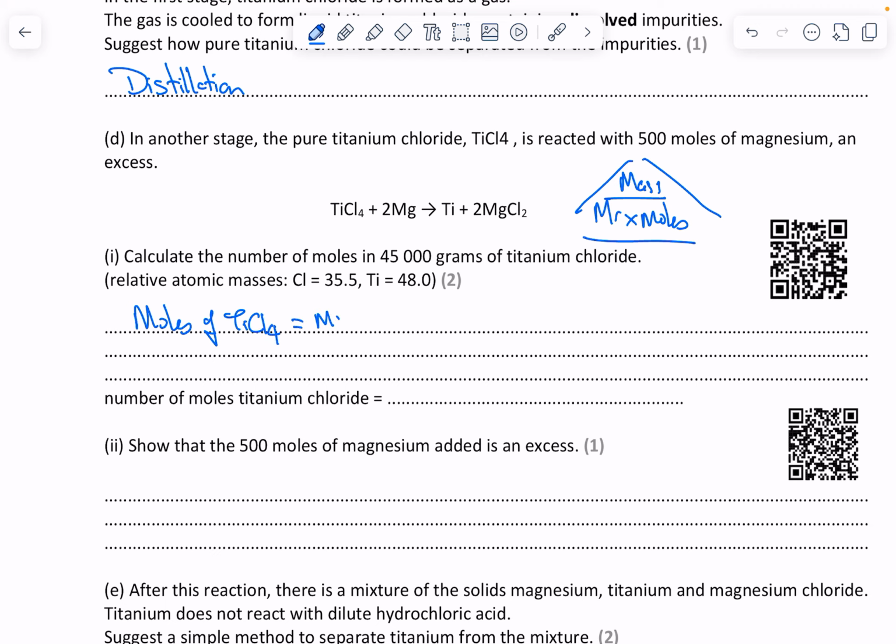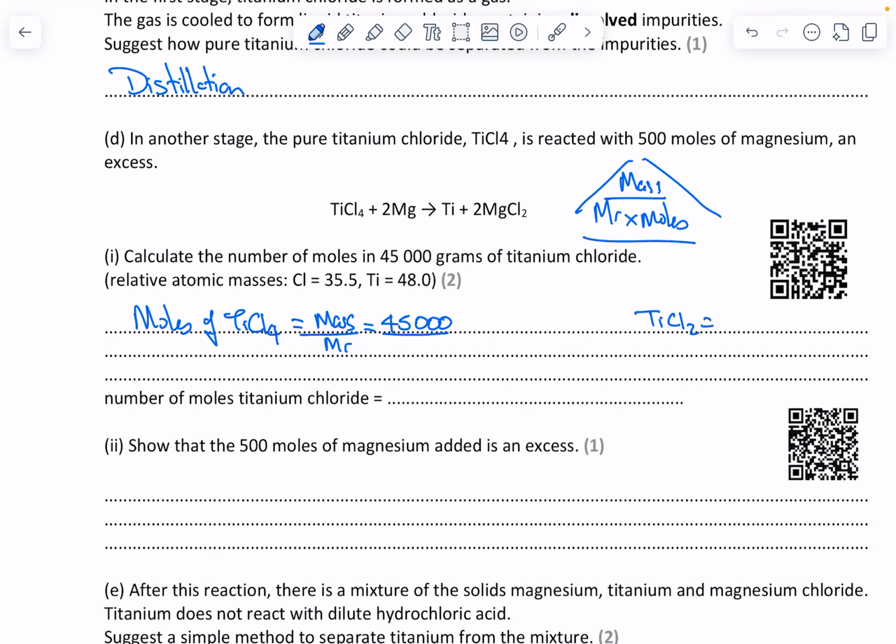So the moles is going to equal the mass divided by the Mr. The mass is 45,000. The Mr in this case, we've got to do a little bit of working out here. So we're trying to do it for titanium chloride. We'll do it over here.